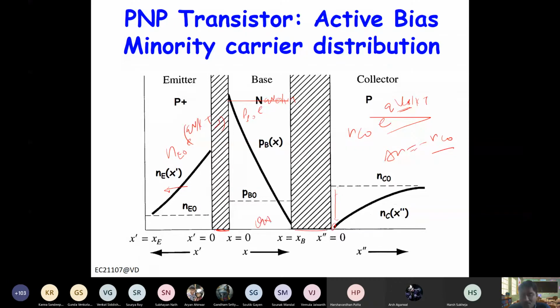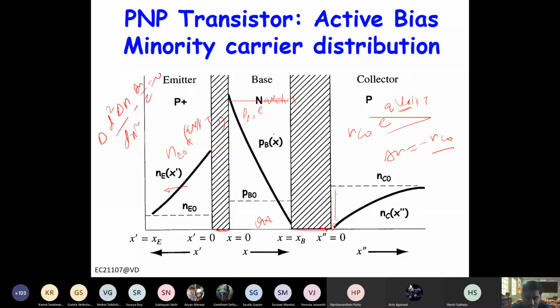All the voltage drop is across the depletion region only. So in that case, you can write the minority carrier diffusion equation as d2 delta n by dx squared minus delta n by tau equal to 0 in the emitter.